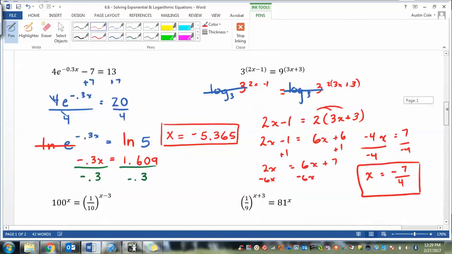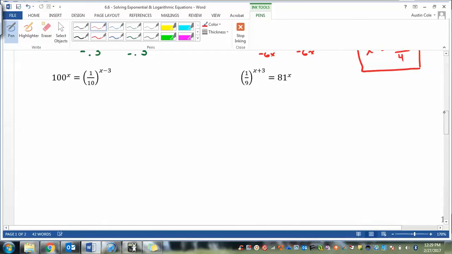Okay. The next, again, we don't have the same base for our exponents. So let's think about how to rewrite this. How do I get 1 over 10? Would that be a negative exponent?